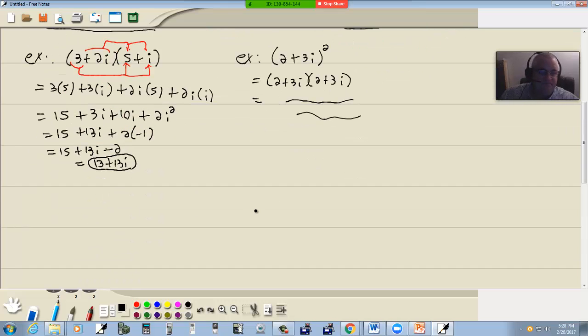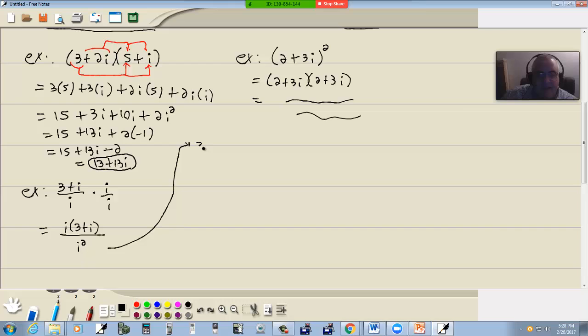Now division. If I have (3 + i) over i, if you have a single item in the denominator with an i, then you're going to multiply top and bottom by i. Always. So that's going to give us i times (3 + i) over i times i, which is i squared.